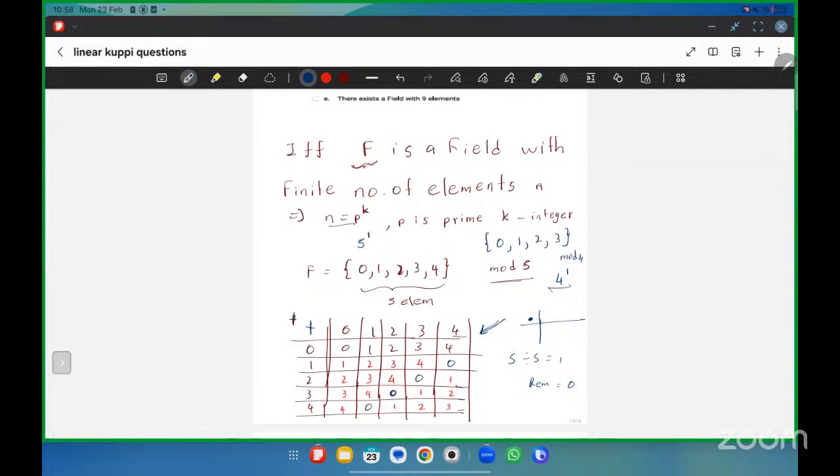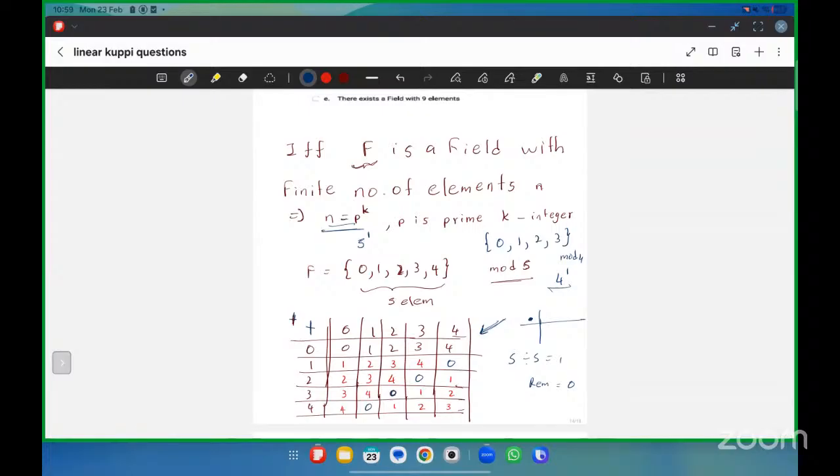What we can tell is that there is only one direction. If there is a field with a finite number of elements, with n elements, then n is equal to p to the power k.